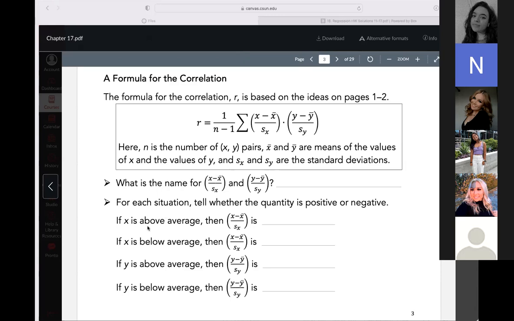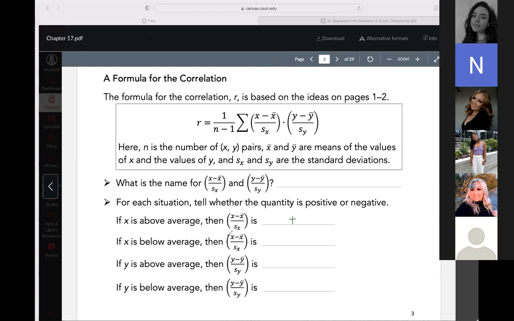So if X is above average, then what is this value going to be, positive or negative? Positive. If X is above average, then X minus X bar is a positive number. SX is always a positive number, so this is positive.